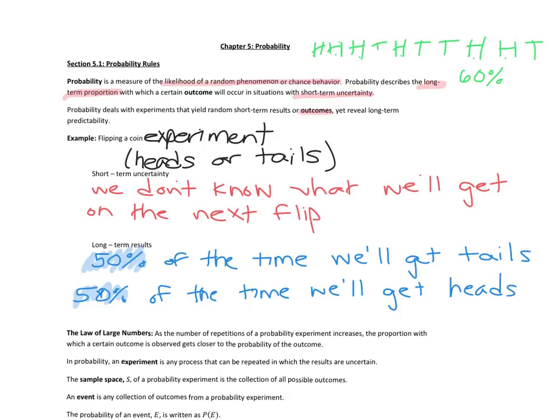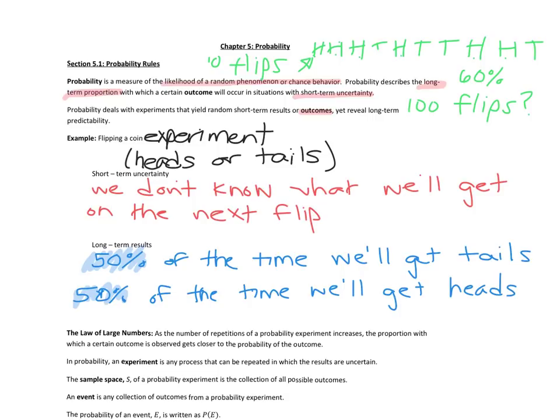But if I do this for more flips, let's say I go out to 100 flips. All right, so this is, again, just some side work. What do you think is going to happen with like 100 flips? Well, as we flip that coin more and more times, it's going to average out.